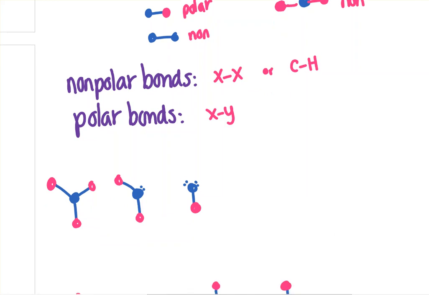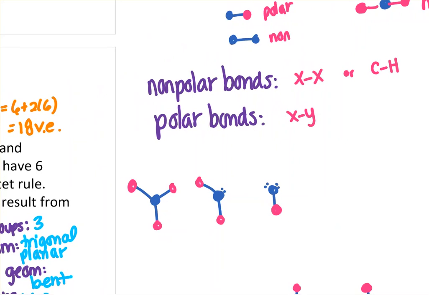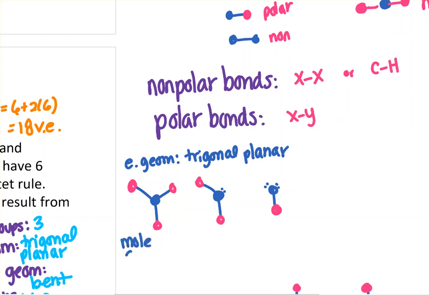Let's look at these other geometries. This is the electron geometry. These all have electron geometry of trigonal planar. This one's molecular geometry is trigonal planar.